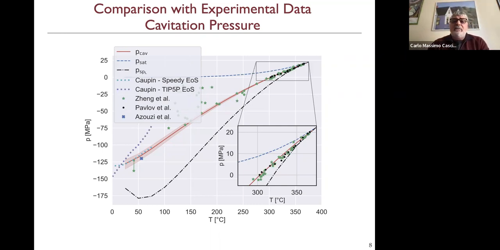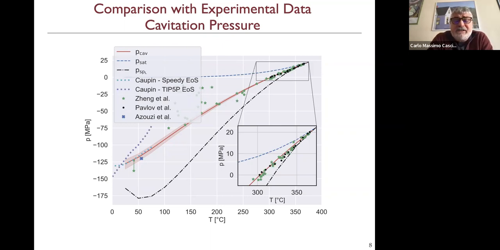However, a message emerges clearly from this picture: the cavitation pressure is enveloped from below by this red curve. It means that there is a limit to the negative pressure that you can reach at a given temperature before you systematically form a vapor bubble.